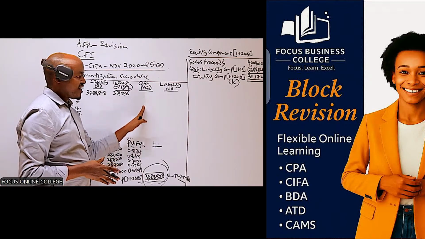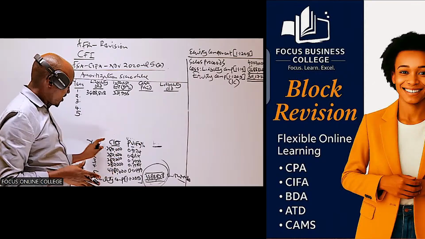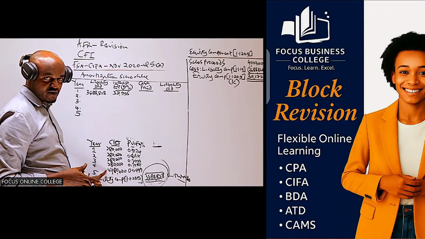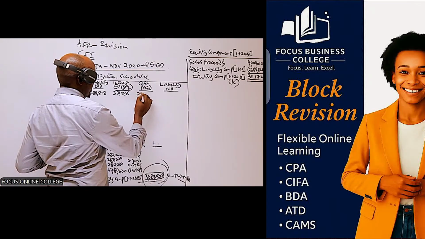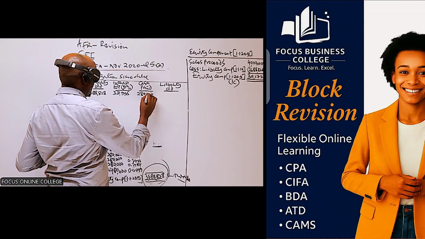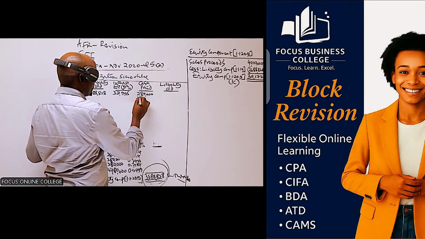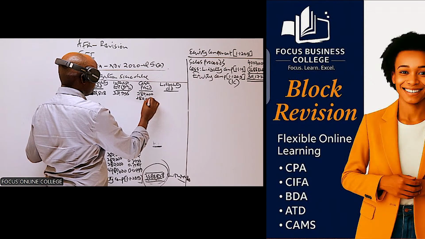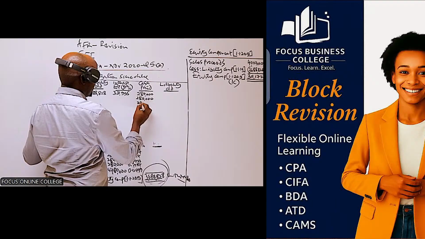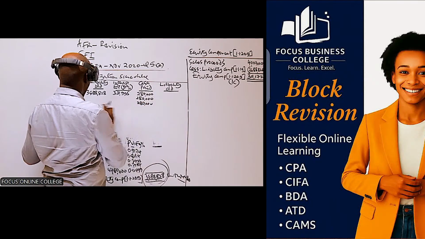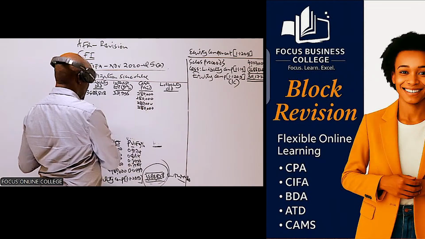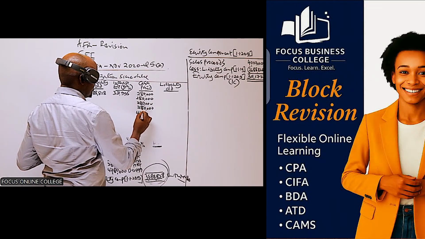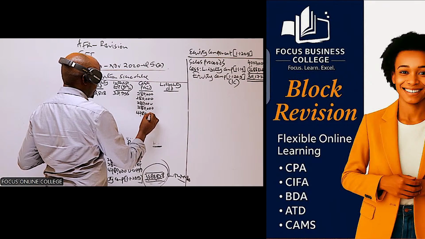Then we already have the cash to be paid, which is what our company will pay for the next 5 years. So 280,000 in year 2, 280,000 in year 3, 280,000 in year 4, and in year 5 the company will pay 4,280,000. That is the cash to be paid.